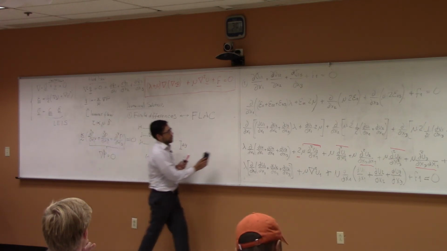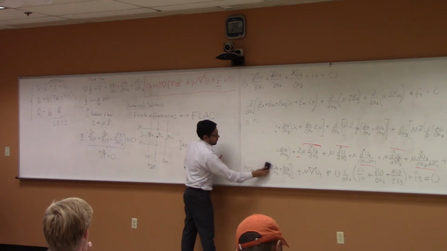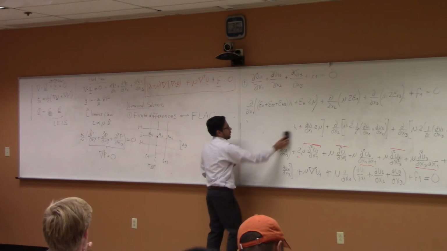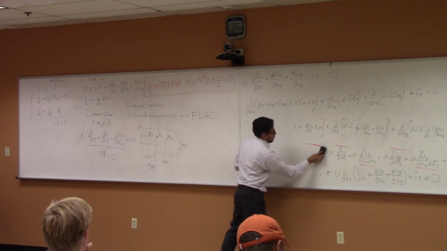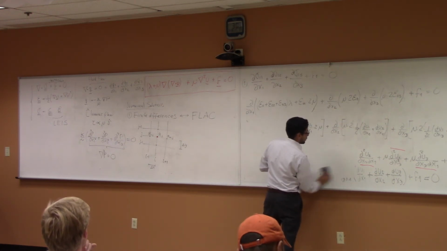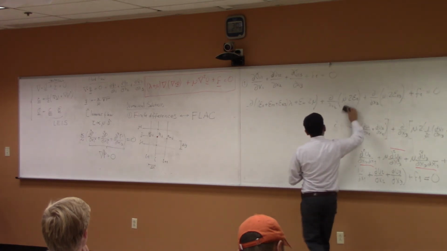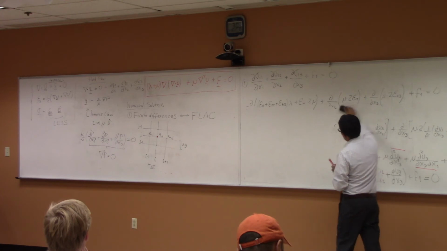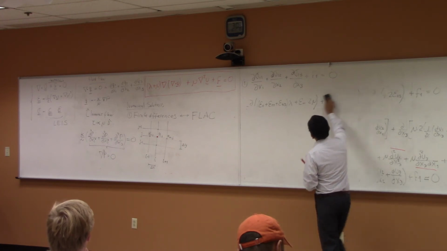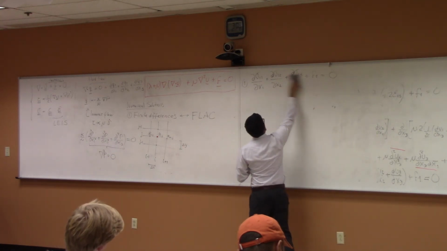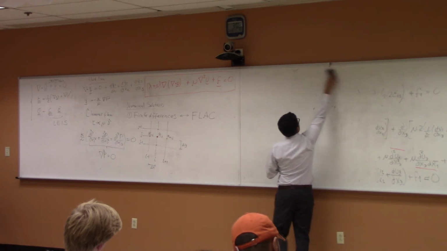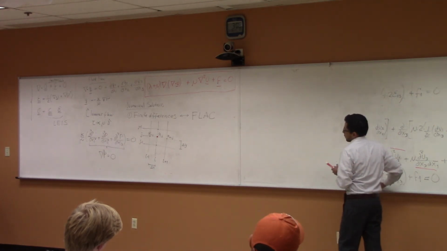And probably we can continue over here. And what is going to be the second derivative? If the first derivative is a slope of, in this case, a pressure field, what is going to be the second derivative?